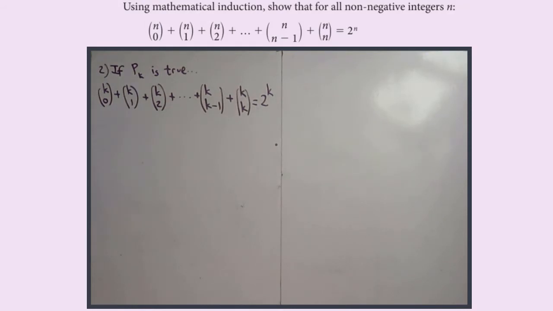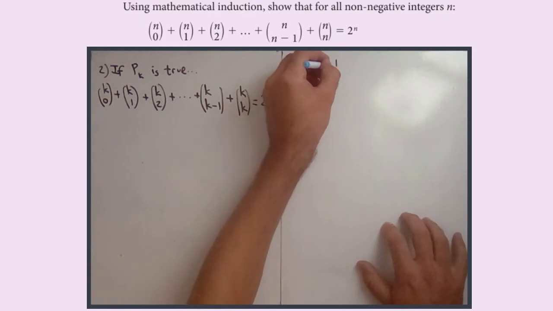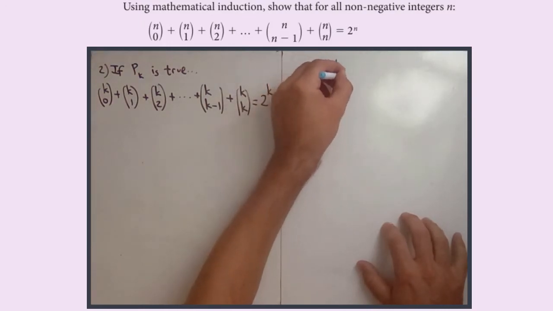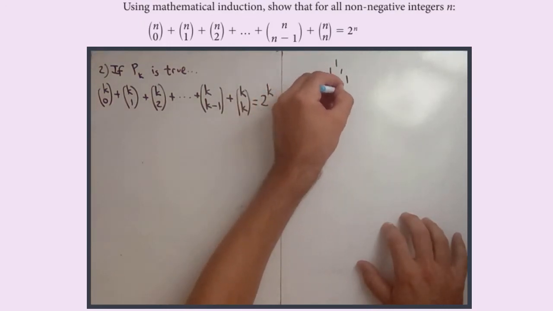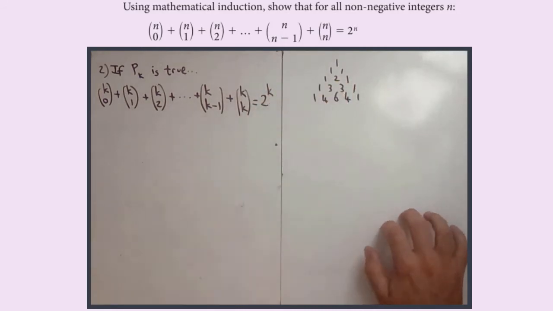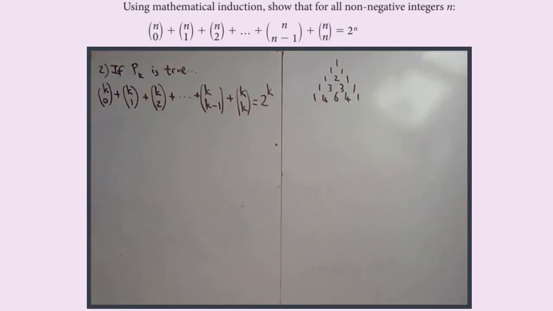I might just think about that. In terms of the triangle, remember 1, 1, 1, 1, 2, 1, 1, 3, 3, 1, 1, 4, 6, 4, 1. So don't forget that the first term and the last term, kC0 and kCk, are both 1.